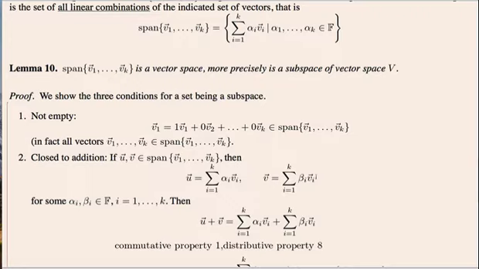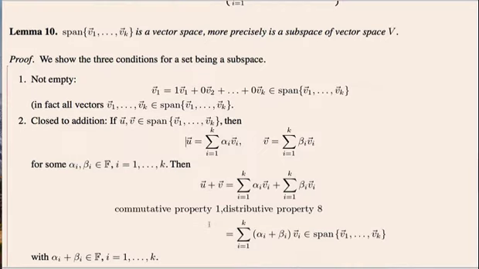For example, v is the sum of b_i v_i as i goes from 1 to k, for some scalars alpha_i, b_i. Then to check that it's closed under addition, we have to check that the sum is also in the span. So u plus v is the one sum plus the other sum.